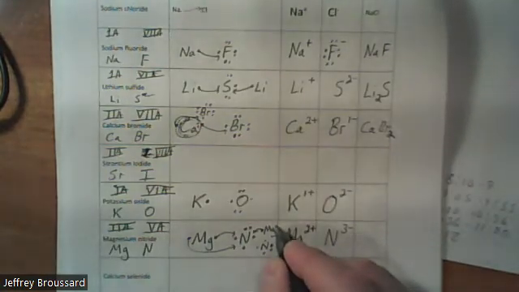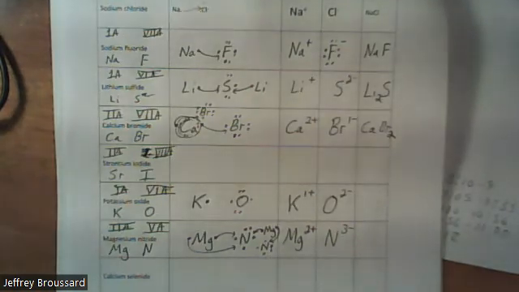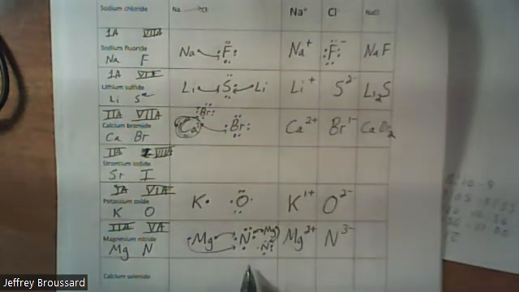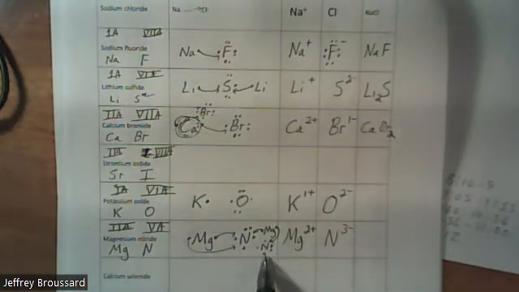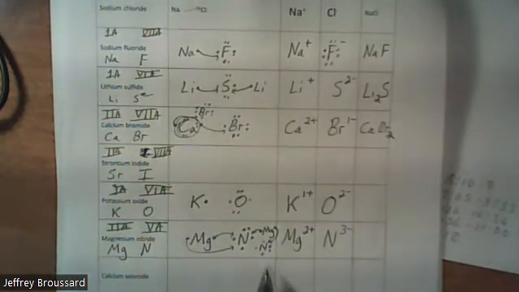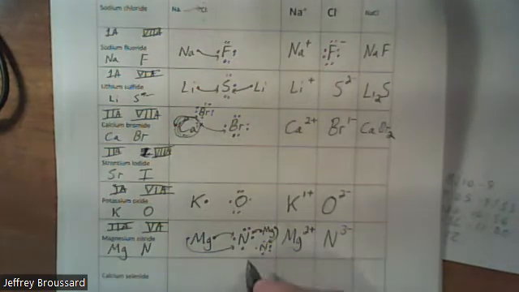And that electron is going to go over here, right there. But we have another problem. This nitrogen only has 6 valence electrons now. So how do we resolve this? We need 2 more electrons.